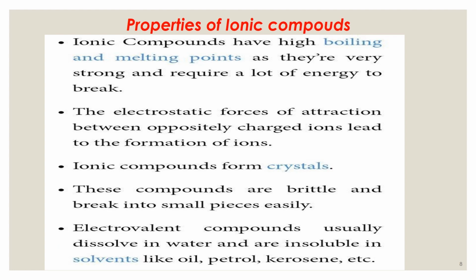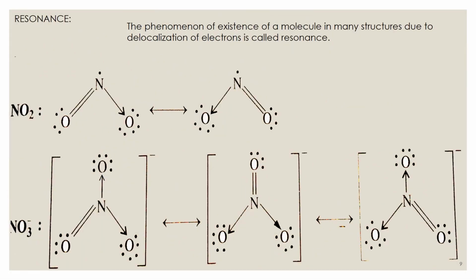Next one, resonance, a very important phenomenon. The phenomenon of existence of a molecule in many structures due to delocalization of electrons is called resonance. Here I am giving you NO2 resonance structures and NO3 minus resonance structures.